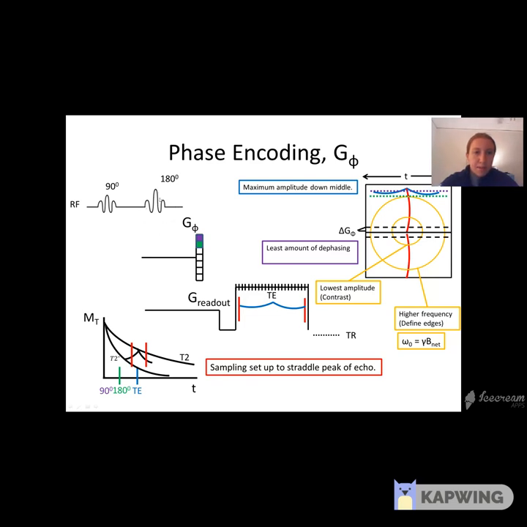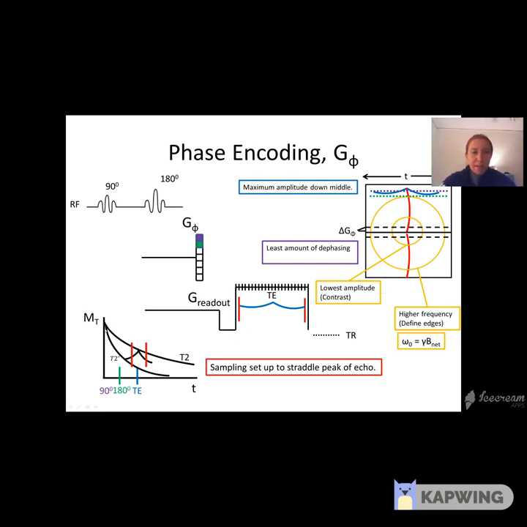I'll go into different pulse sequences today. And then we apply a phase encode gradient and a readout gradient just to localize the signals. So just to fill out one line of K-space, and then we wait time TR, and we go back, we do the same thing, and we basically just switch on another phase encode gradient and read that out. So that's basically how we fill out K-space.